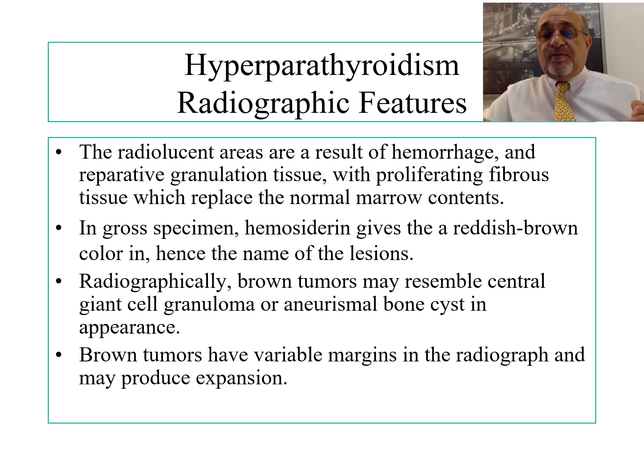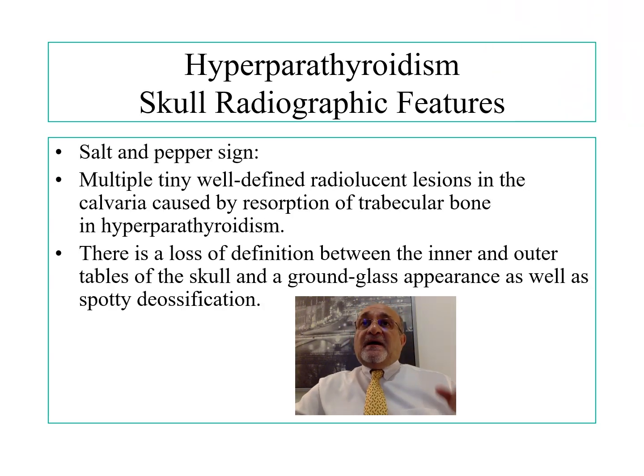Radiographically, brown tumors may resemble the central giant cell granuloma or an aneurysmal bone cyst in appearance, that is the multilocular appearance. This is for the brown tumors, the patches. The bone would appear as a ground glass appearance. Brown tumors have variable margins in the radiograph and may produce expansion. This is in the jaw.